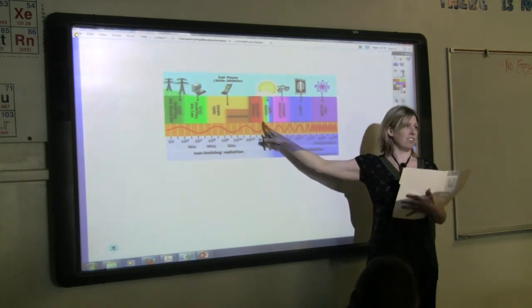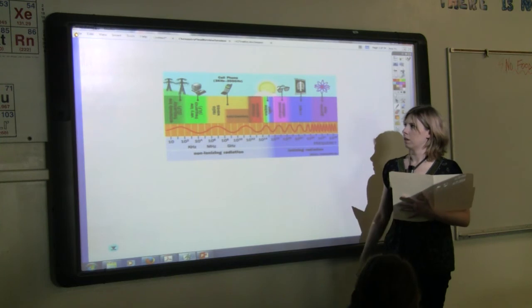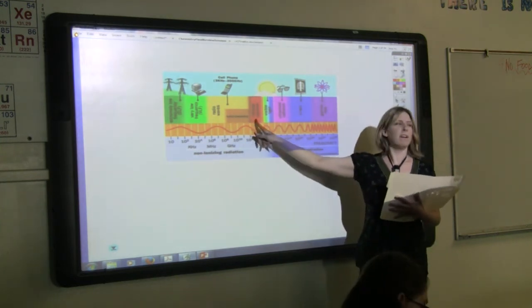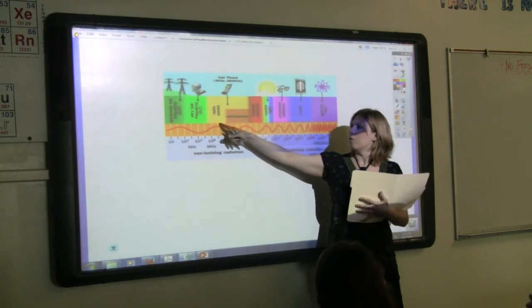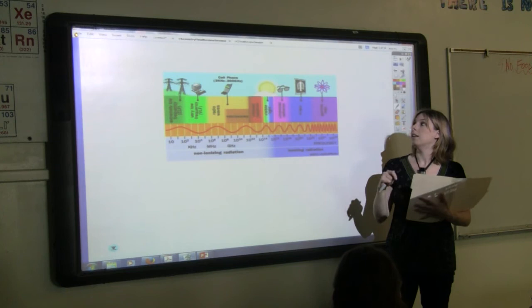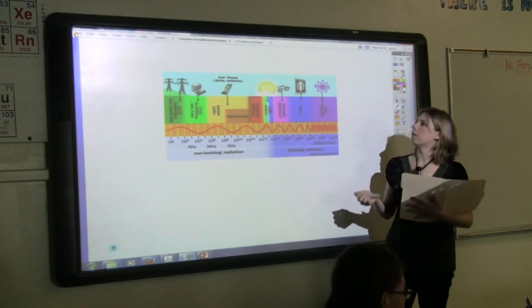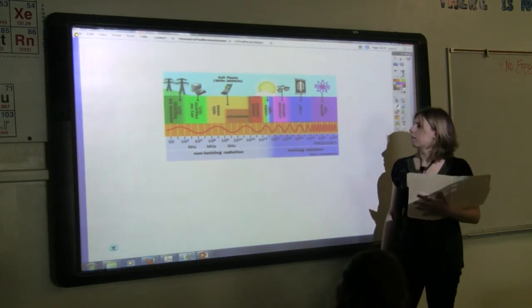Red is the longest wave, the visible light. And then we have infrared radiation, that's heat waves, microwaves, radio waves, low frequency waves, and extremely low frequency waves. Generally, we stop at radio waves when we look at this.